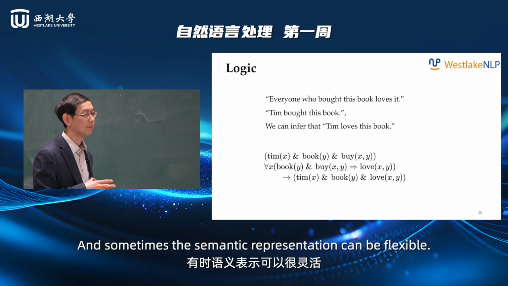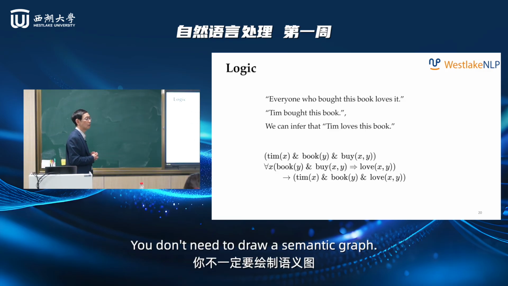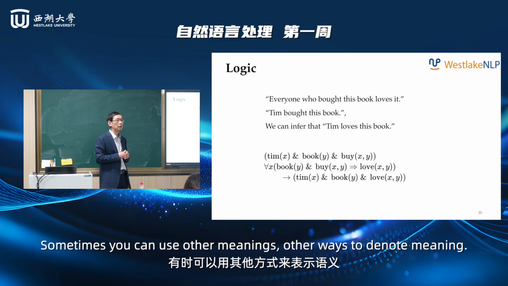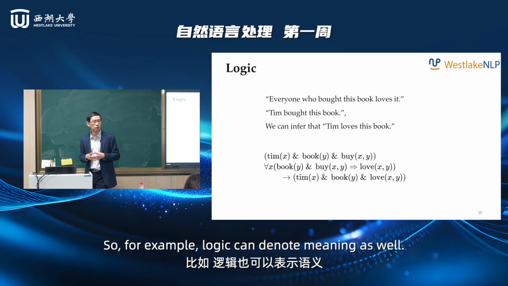And sometimes the semantic representation can be flexible. You don't need to draw a semantic graph. But sometimes you can use other ways to denote meaning. So for example, logic, right, can denote meaning as well.